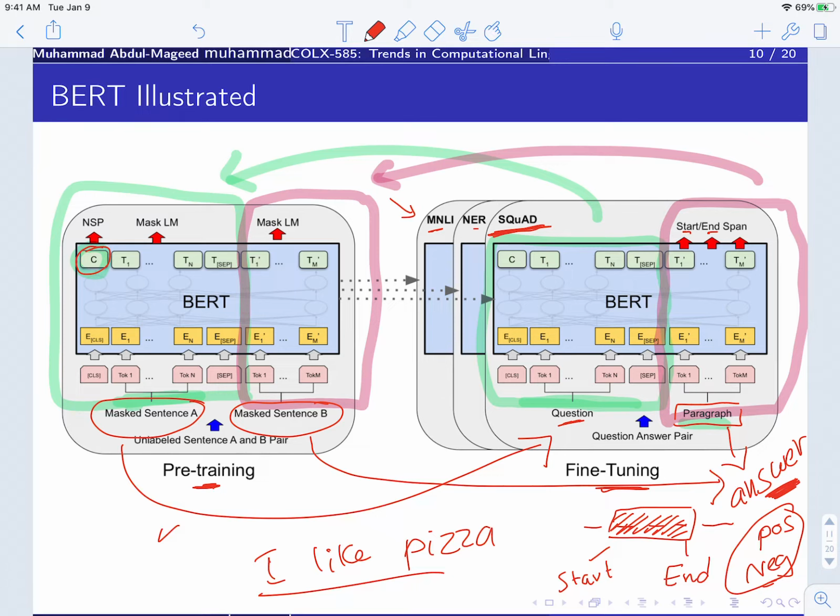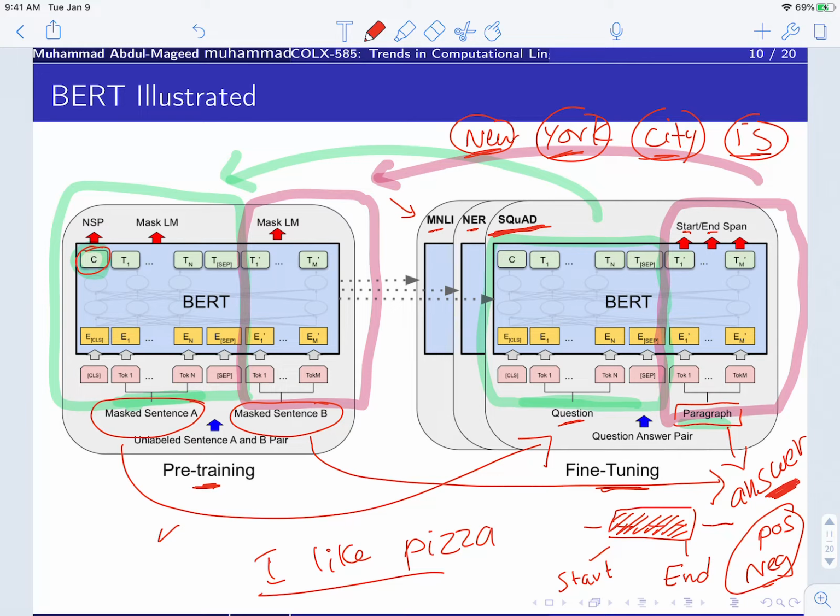If the task needs me to get a representation for each word in the sentence, like in the case of named entity recognition, for example, if I have something that says New York City is, so I need a representation for this and for this and for this and for this and so on. It's like a word level representation that I am not looking for a summary of the whole sentence.